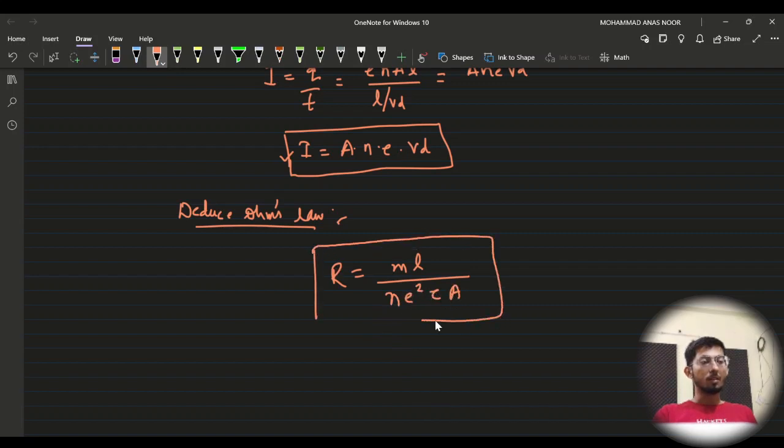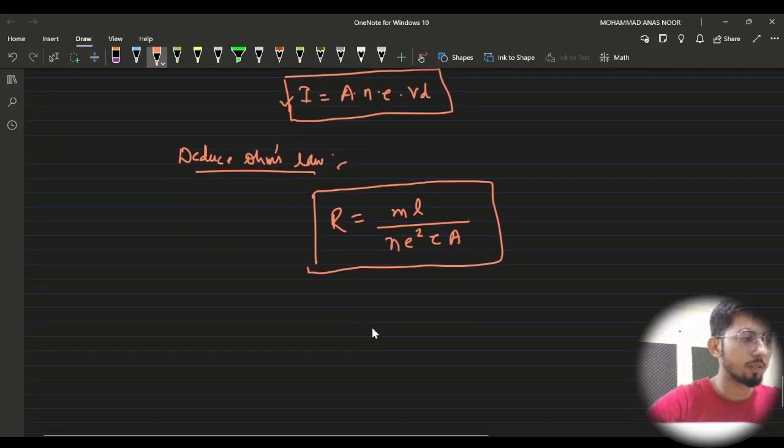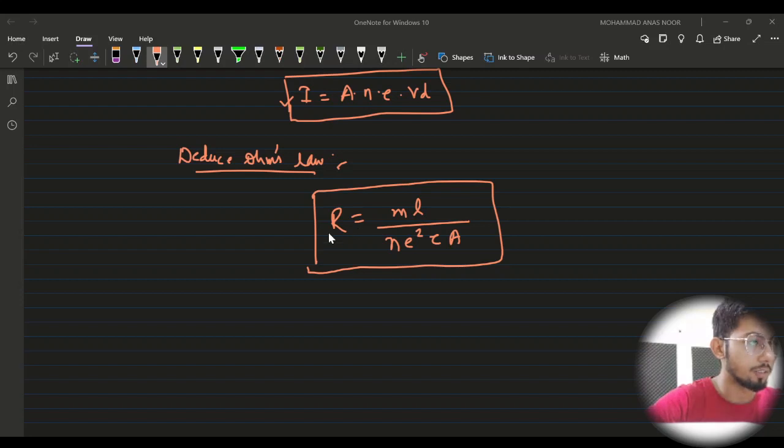Here m is the mass of the electron. So this is also an expression for resistance. The other one is V equals IR, isn't it? Now R is this, so compare it with R equals rho L upon A, because they both represent resistance.